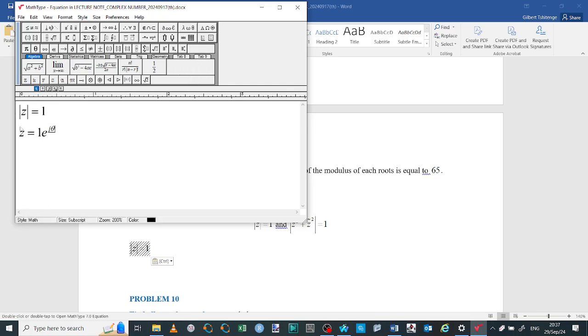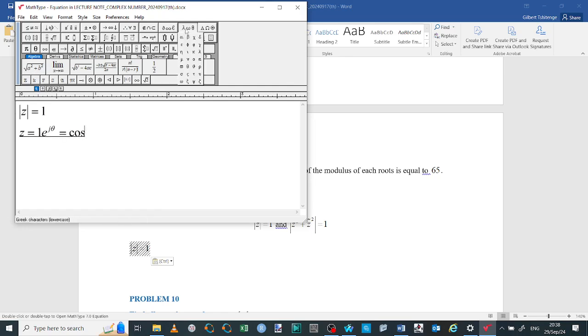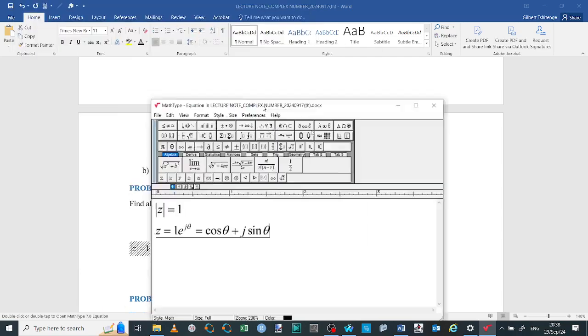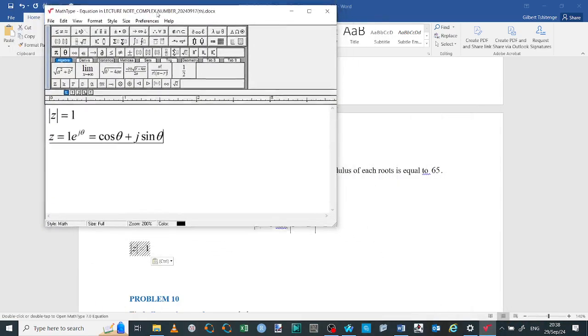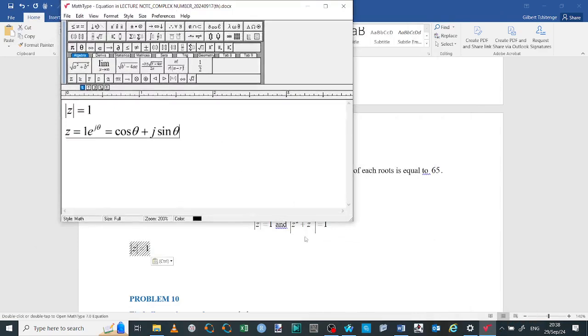That means that the modulus of z is equal to 1, and I'll have an argument theta. Therefore, I just say this is equal to cosine theta plus j sine theta. This is one way to write your complex number. It will be much easier to find z squared and the other things.